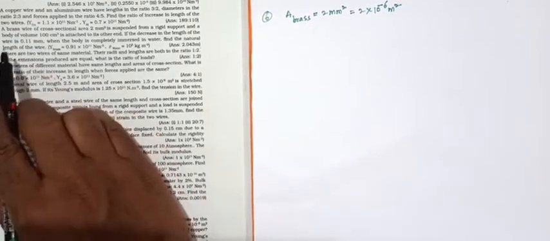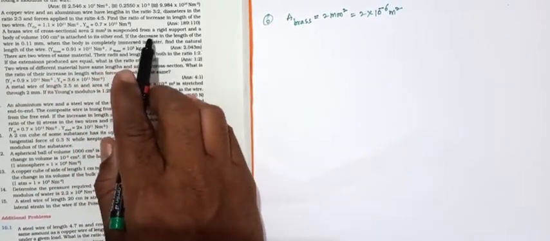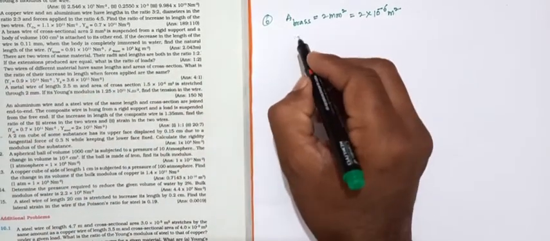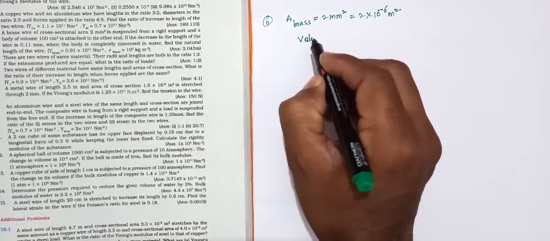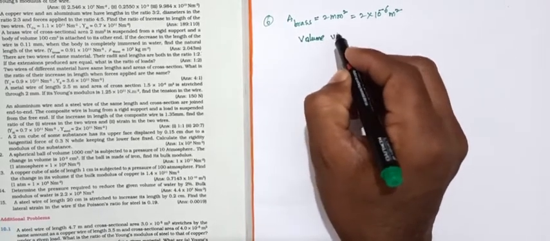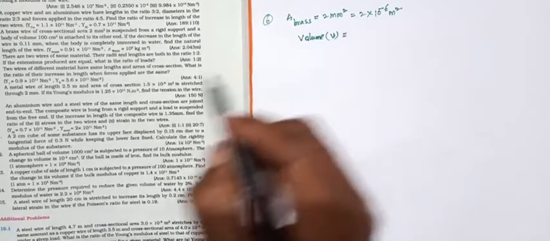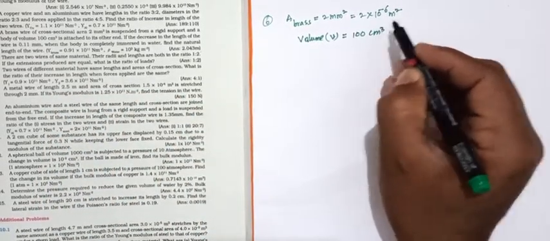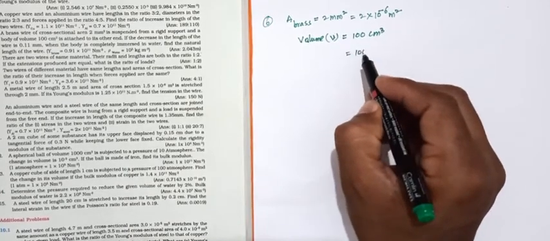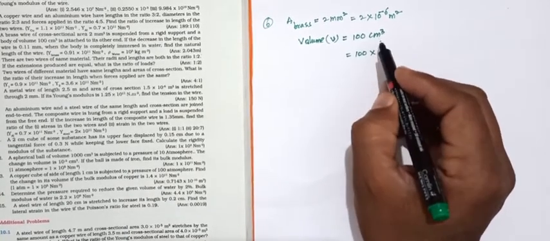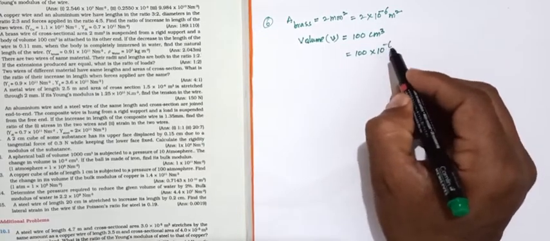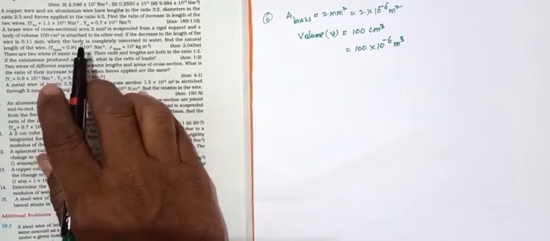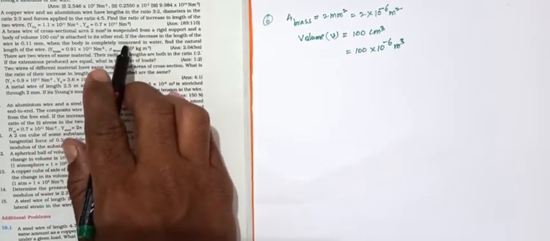It is suspended from a rigid support and a body of volume V equals 100 centimeter cube, which is 100 into 10 power minus 2 cubed, so 10 power minus 4 meter cube, is attached to its other end.